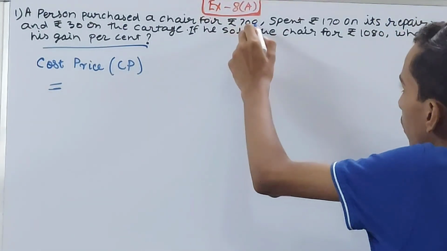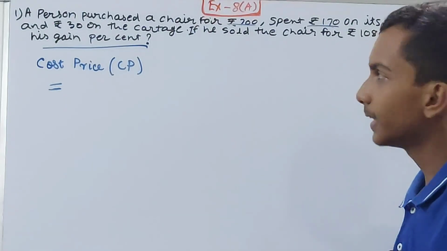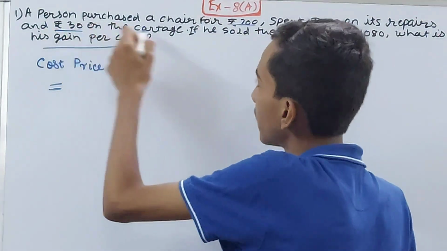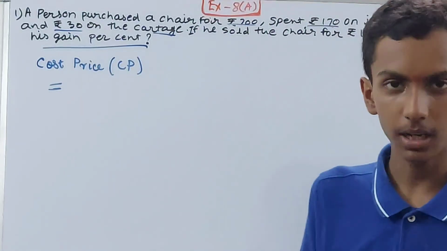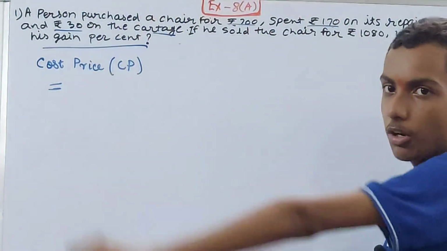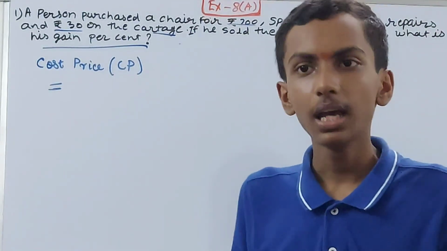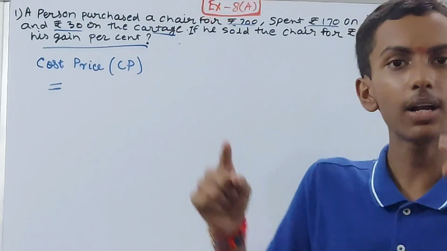See, the chair cost him rupees 700 and he spent 170 on repairs and 30 on the cartage. Cartage means moving the article from one place to another by road. So 30 rupees is spent on the cartage, 170 on repairs, 700 on the chair. So the cost price will include all the three. You will add all the three.